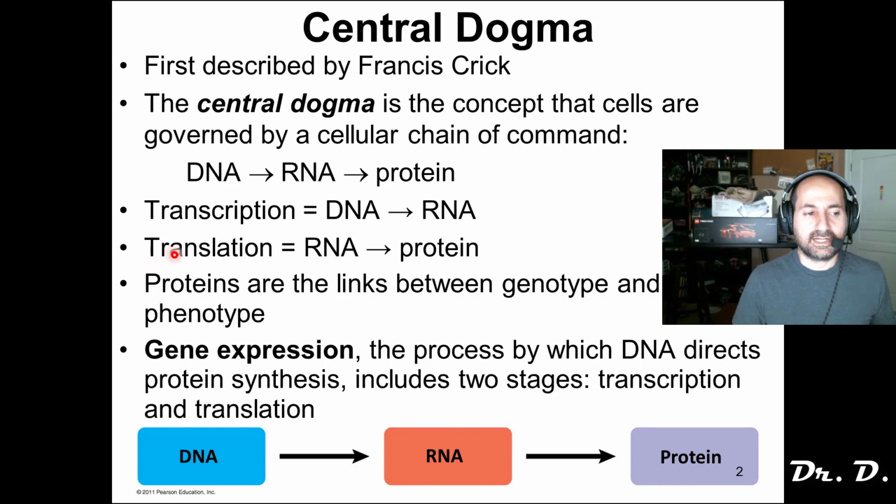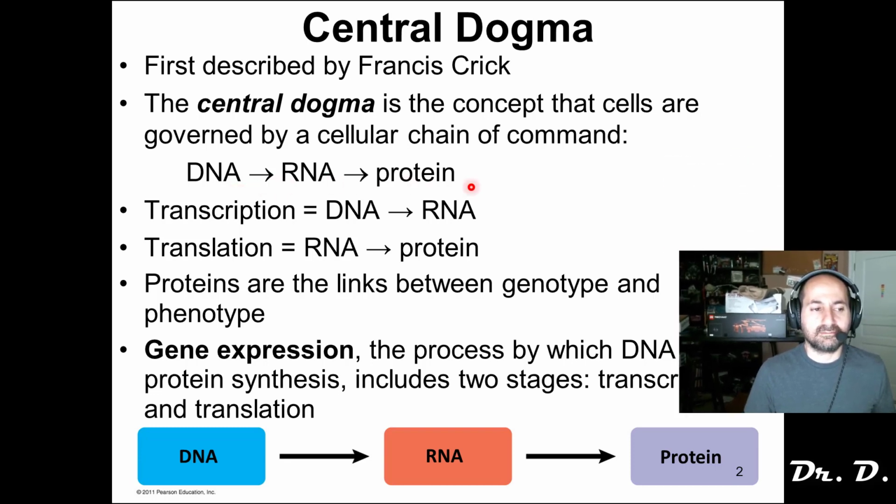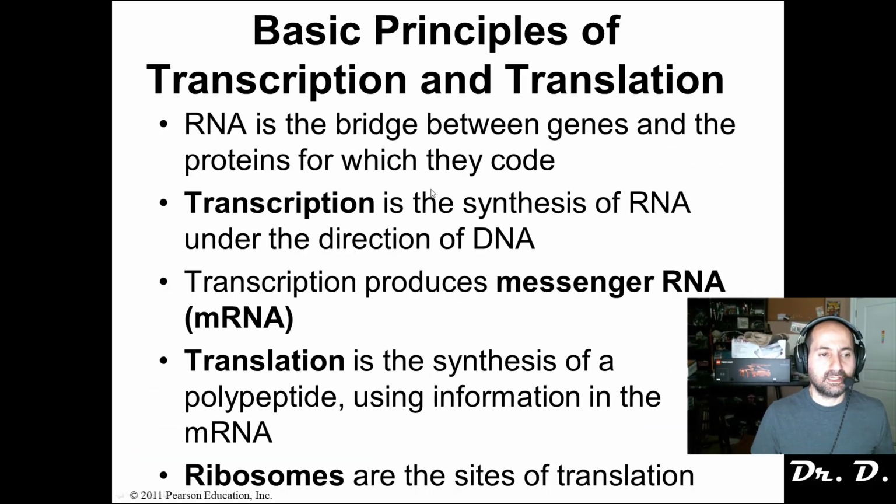That's called translation. Translation is where the mRNA message is translated to an actual protein. And together, this is the central dogma of molecular biology, that the information flows from a gene on your DNA to mRNA to protein.